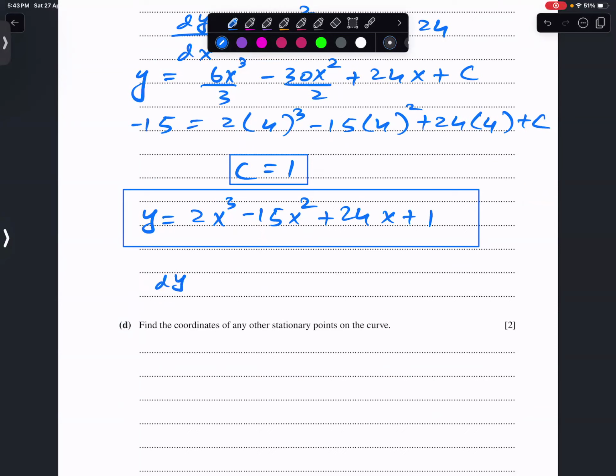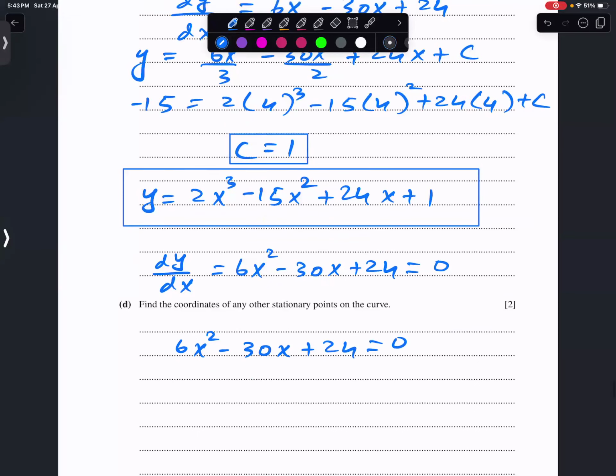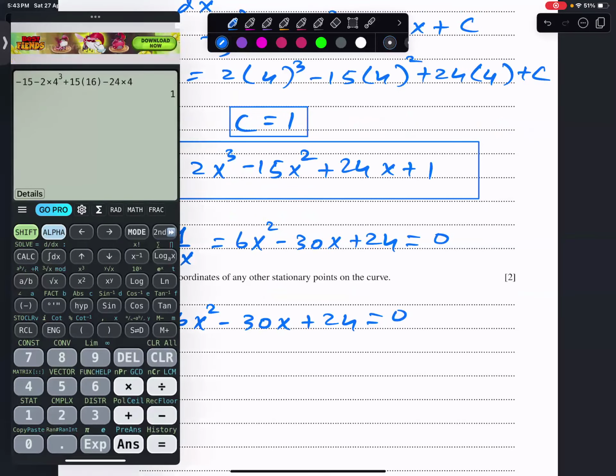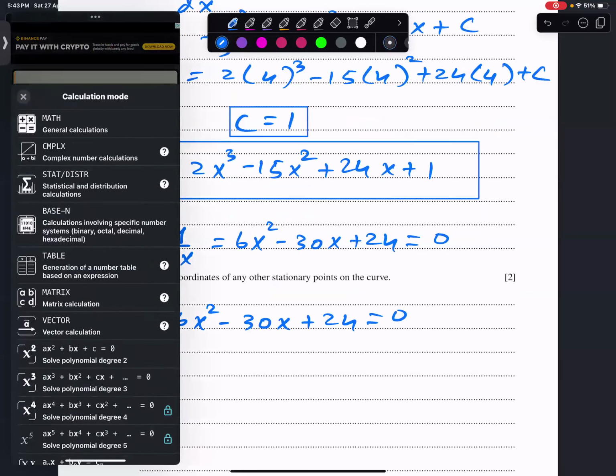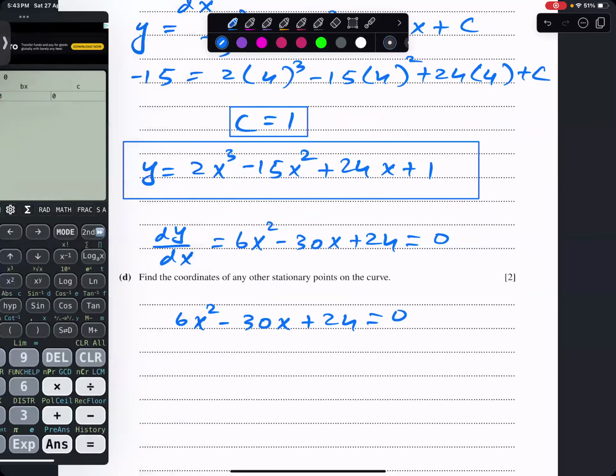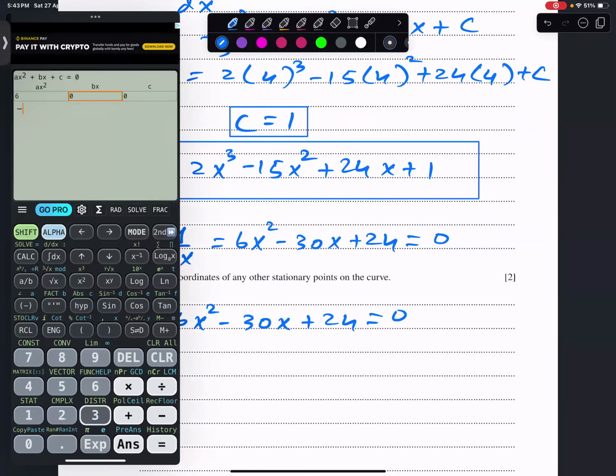If we find the derivative of this, that will be 6x square minus 30x plus 24. That was the derivative. Students, if we put it equal to 0 to find the stationary point, what comes? It is a quadratic equation: 6, minus 30, 24. x is 1 and x is 4.